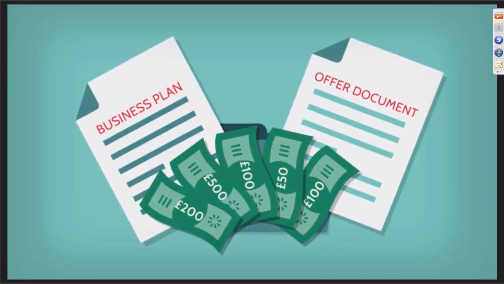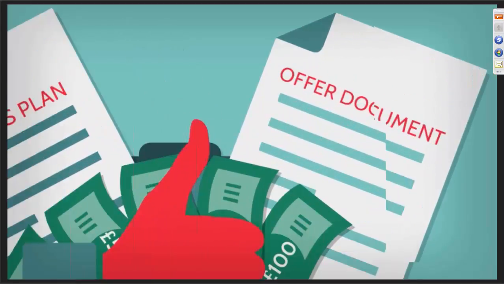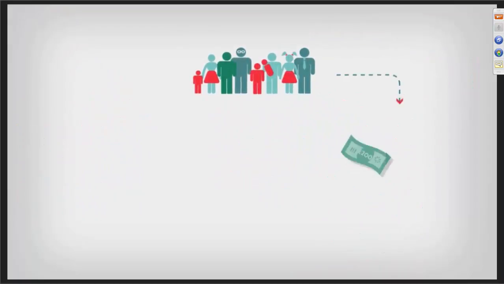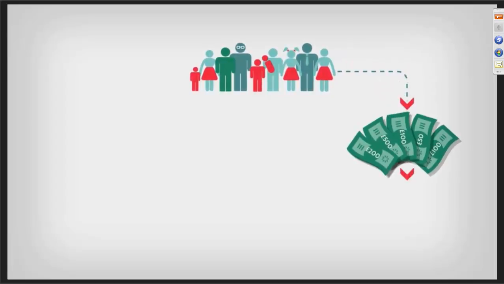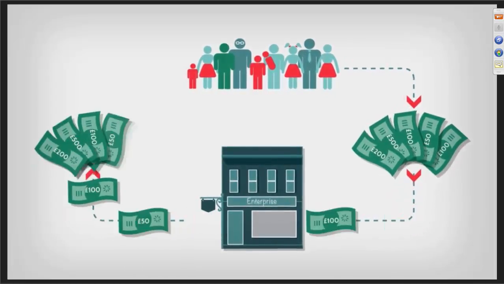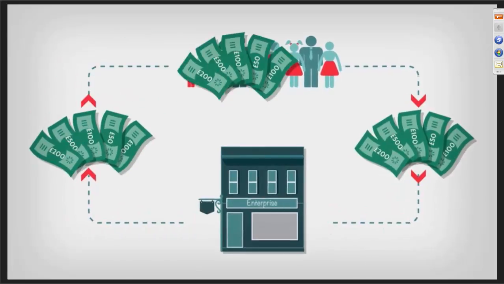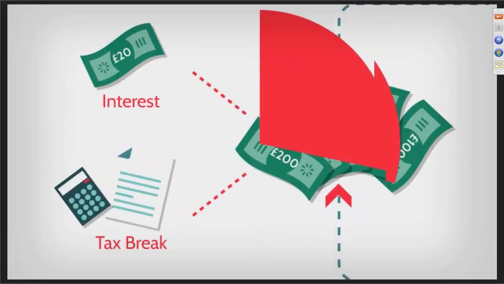Your money will be backing something that has a real chance of success as a viable business. And when a community backs an idea by investing, it makes it more likely that other people will too. And the more successful the enterprise is, the more likely it is that people will get their money back. You might even get interest on your shares and a tax break on your investment.